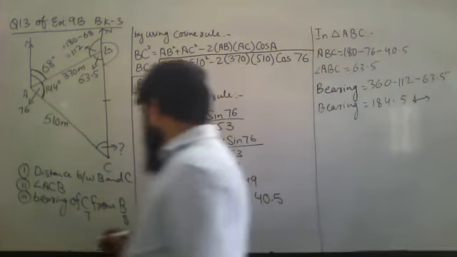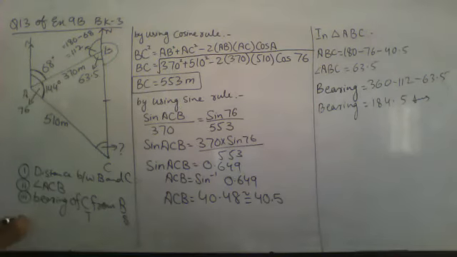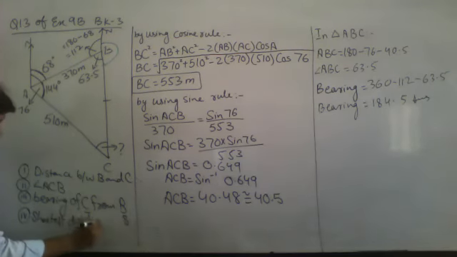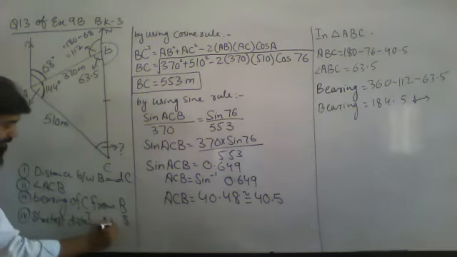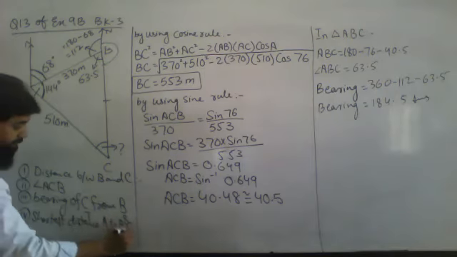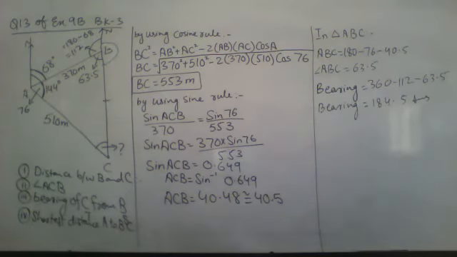Now, fourth part, they are saying the shortest distance from A to BC. I have to find the shortest distance from A to BC.